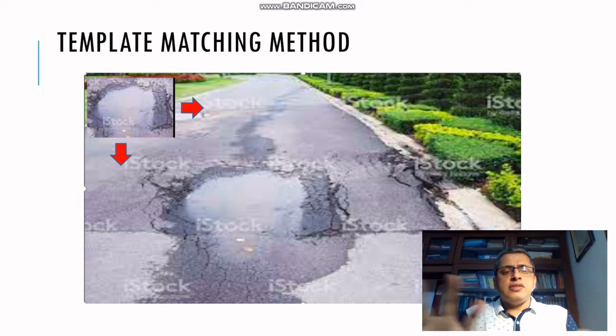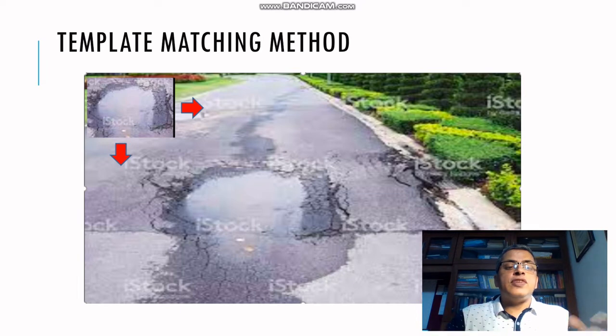So this is the very simple method of object detection. Now, being simple, these methods also had a lot of issues which came up. For example, one of the bigger issues was the scale at which the templates and the images were being used.